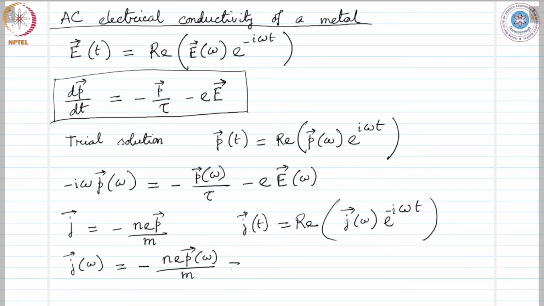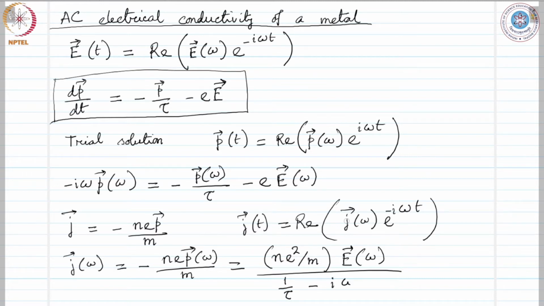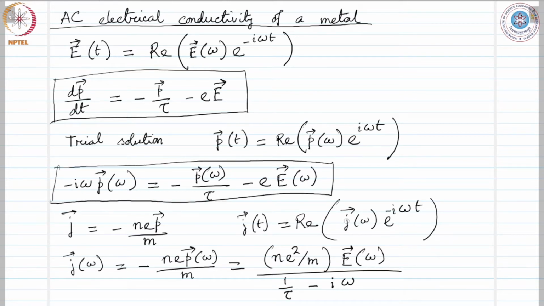We can write this equals n e squared over m times E omega over 1 over tau minus i omega. This comes from here. Okay.